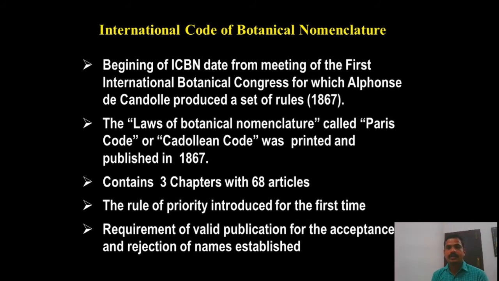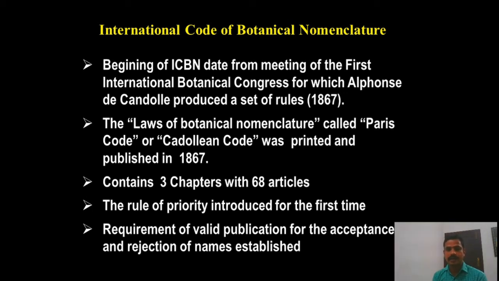Earlier it was the International Code of Botanical Nomenclature, and actually the history starts from 1867. The beginning of ICBN dates from the meeting of the first International Botanical Congress. These codes are prepared and modified in IBCs, International Botanical Congresses.